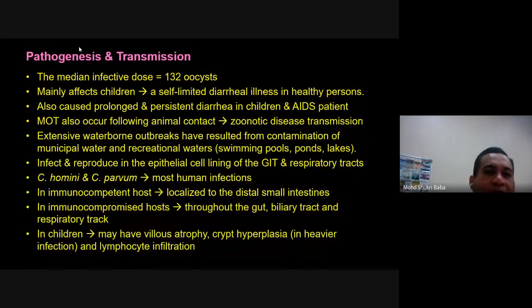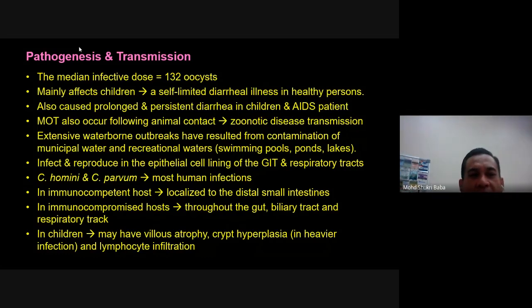It has also been reported that cryptosporidiosis occurs among farmers, cattle and goat breeders, and workers at abattoirs or slaughterhouses. Extensive waterborne outbreaks have resulted from contaminated municipal water and recreational water such as swimming pools, ponds, and lakes. They can infect and reproduce in the epithelial cell lining of the GIT and respiratory tracts.